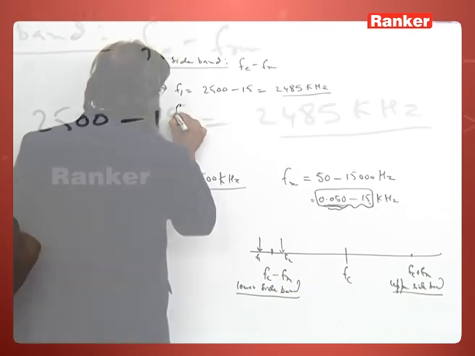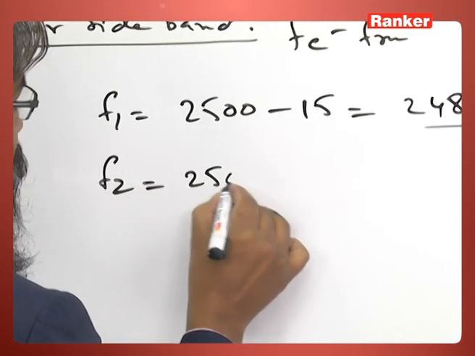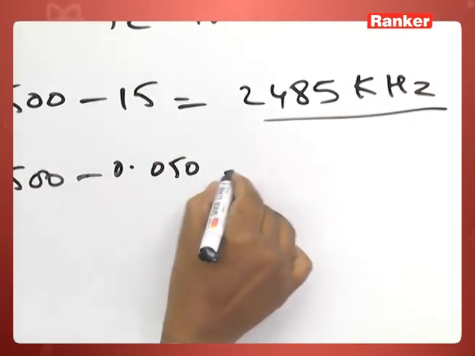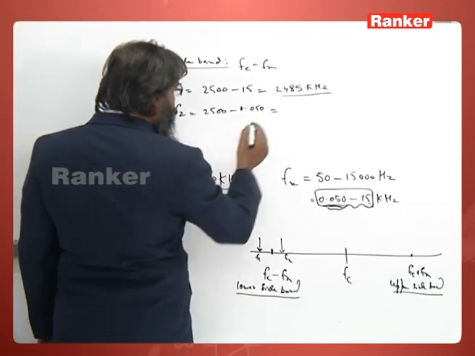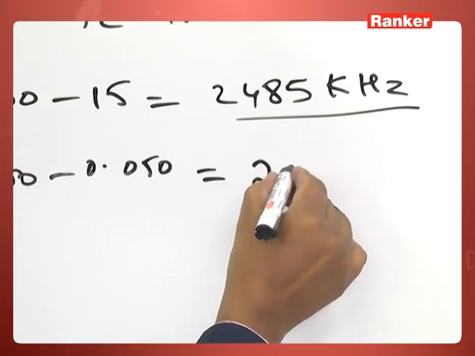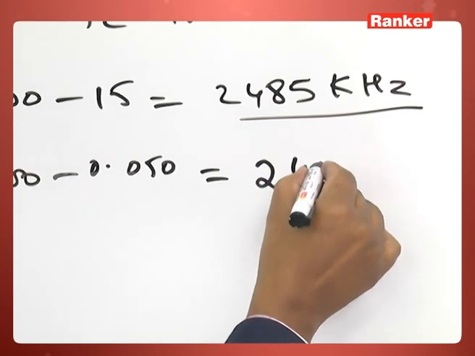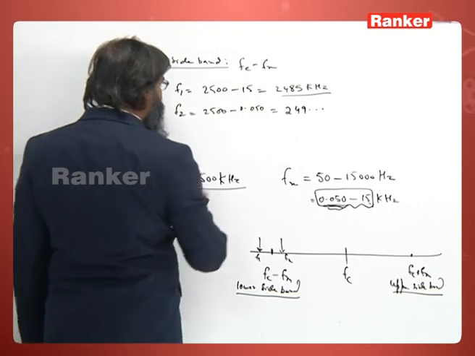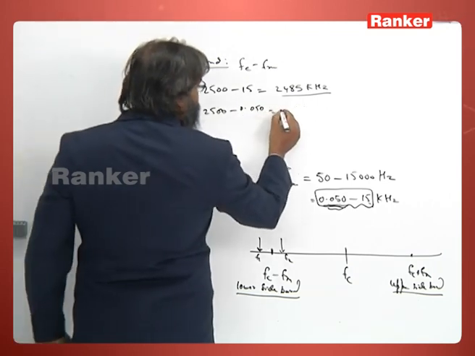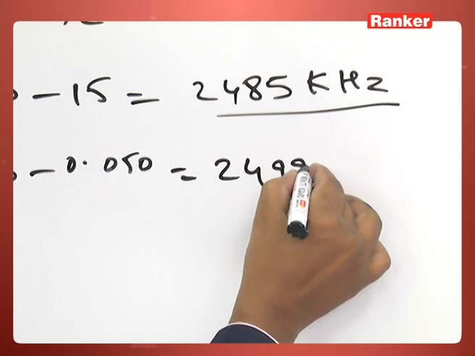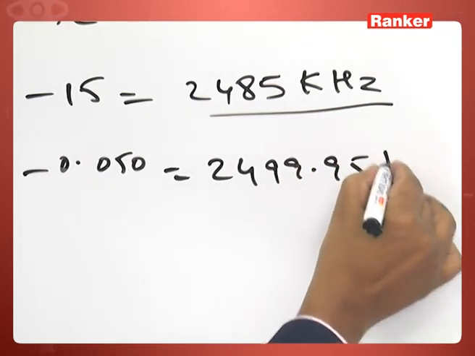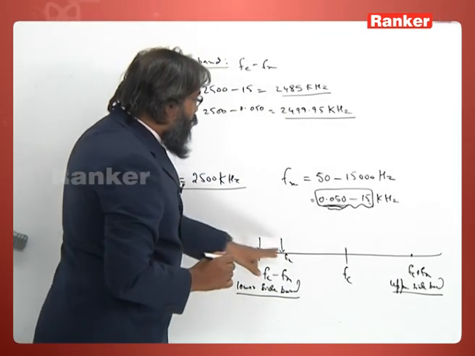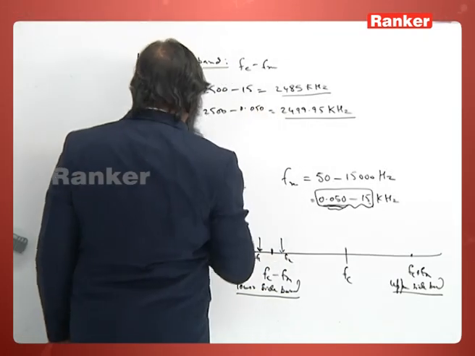Next, F2 will be 2500 minus 0.050. We subtract, and this comes out to be 2499.95 kilohertz. So F1 and F2 we got.